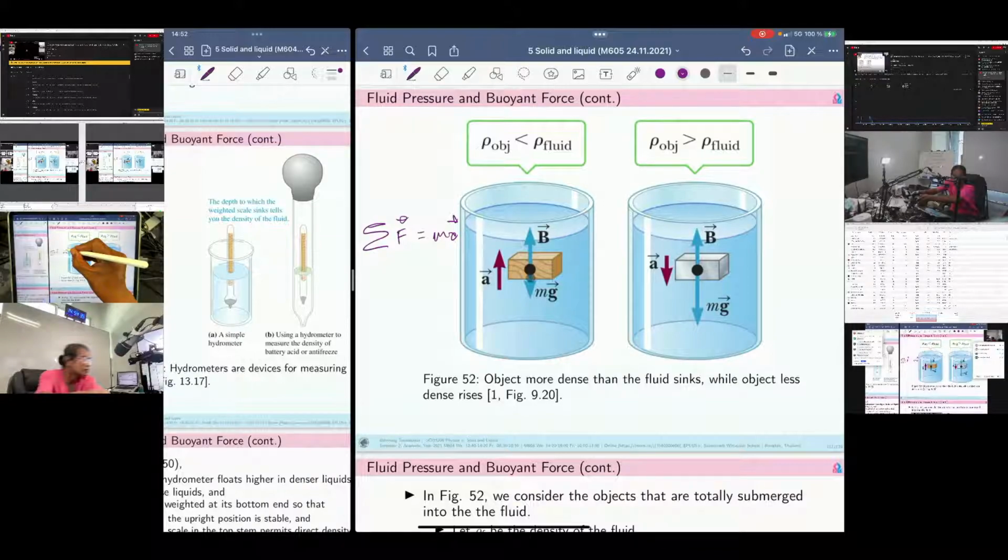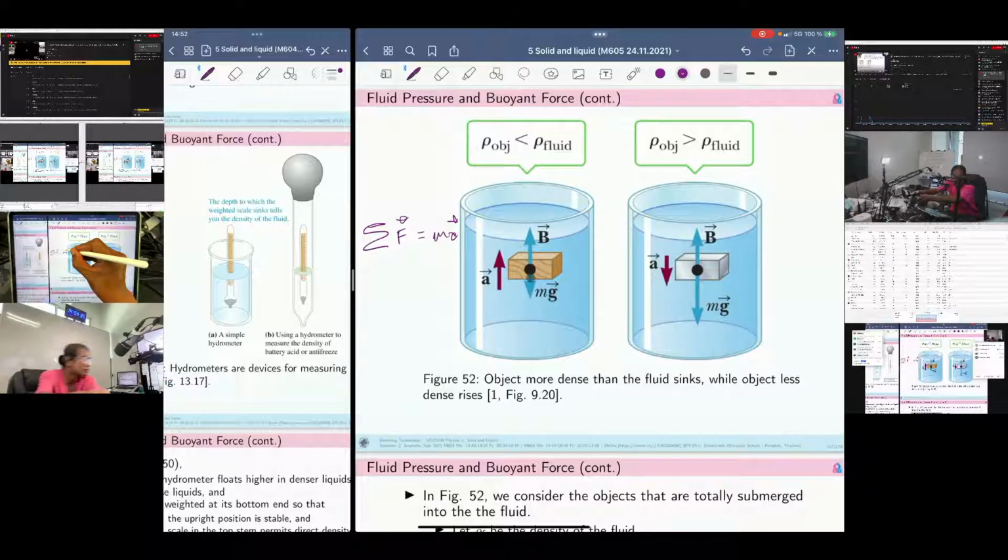And in this case, the absolute value of the weight is greater than the absolute value of the Buoyant force, the lifting force.